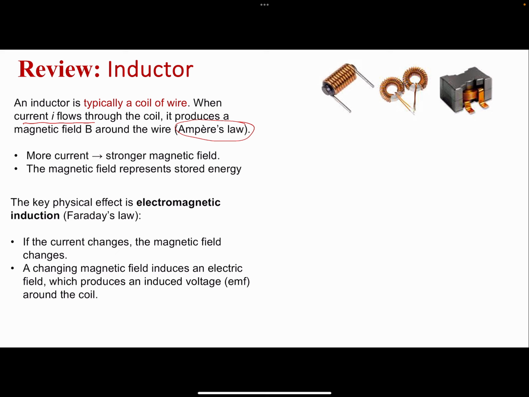So as that current is changing, the magnetic field that was produced around the wire is also changing. And Faraday's law states that the changing magnetic field should induce a voltage. And that is the terminal voltage across the inductor. So a changing current produces a changing magnetic field, which produces a voltage.